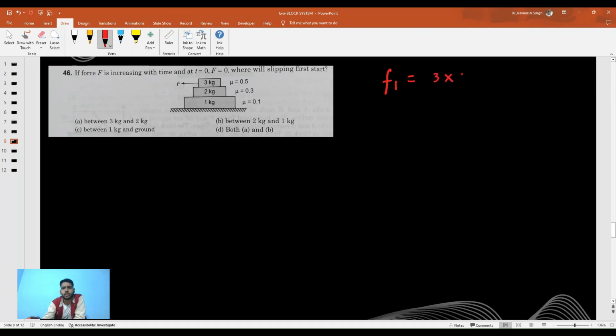So 3 into 0.5 into 10 is equal to 15 newton. We have got the first case.